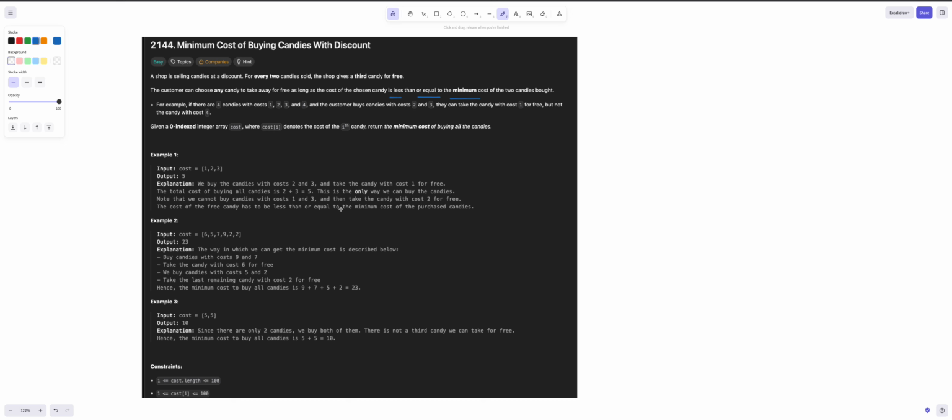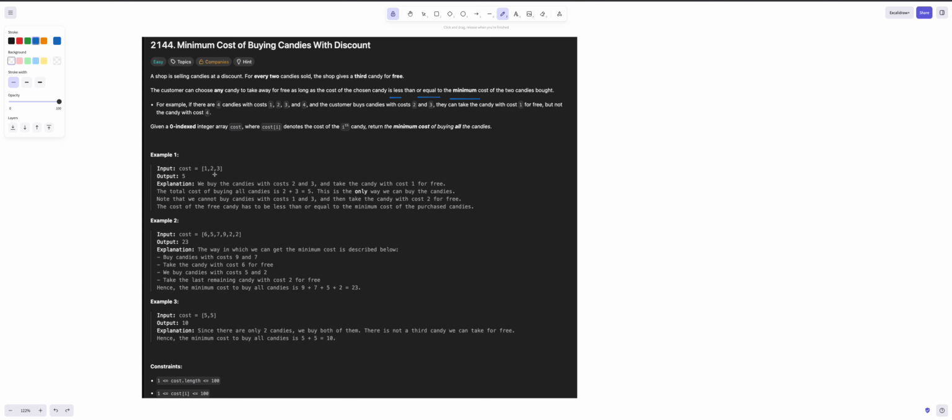So the total cost of all candies is 2 plus 3, and there will be 5.